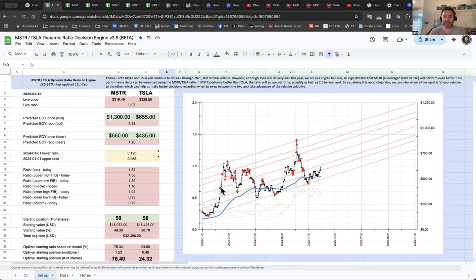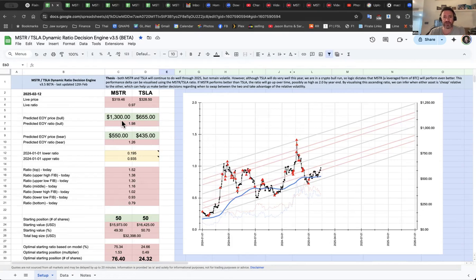So what this model does is when it's in the middle, it puts you at 50-50, both assets. And as it moves up the range, it swaps you very slowly. But as it gets nearer to the extreme top and bottom of the range, it swaps more shares across, or it suggests that you do that. Each of these red triangles represents a recommended trade.